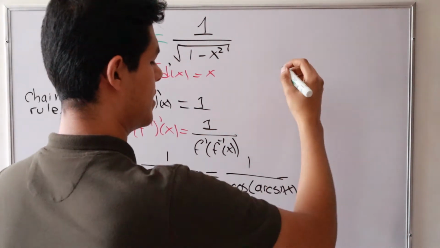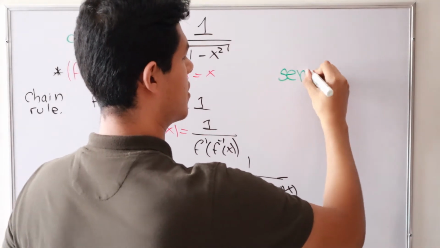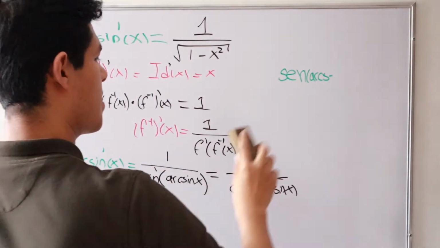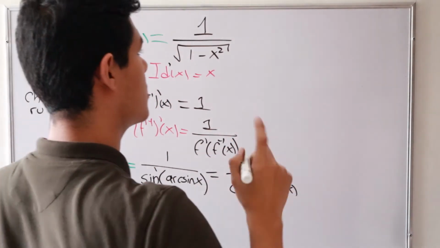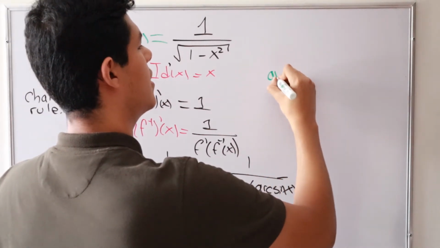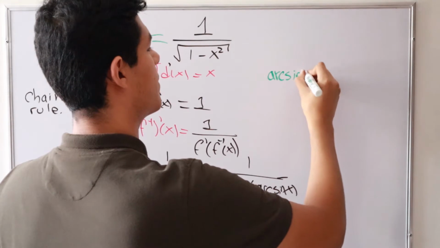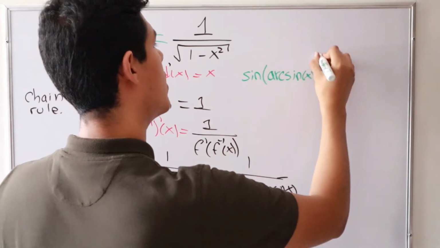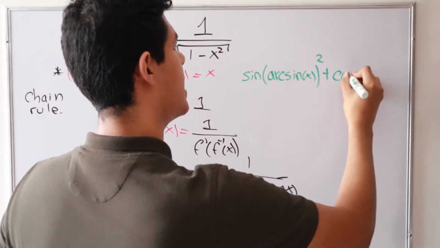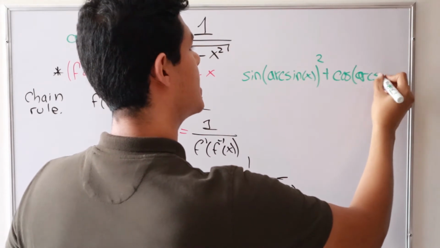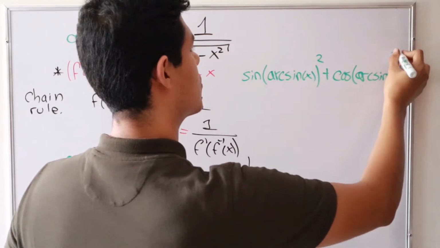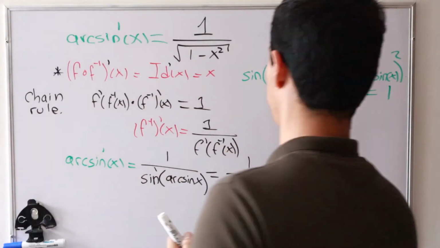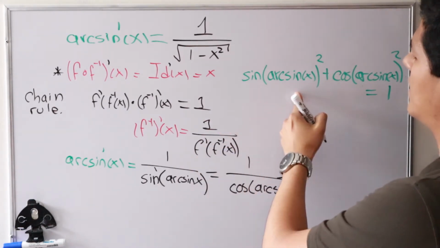Sine of arcsine of x, squared, plus cosine of arcsine of x, squared, equals 1. And in this case, guys, this is the identity.